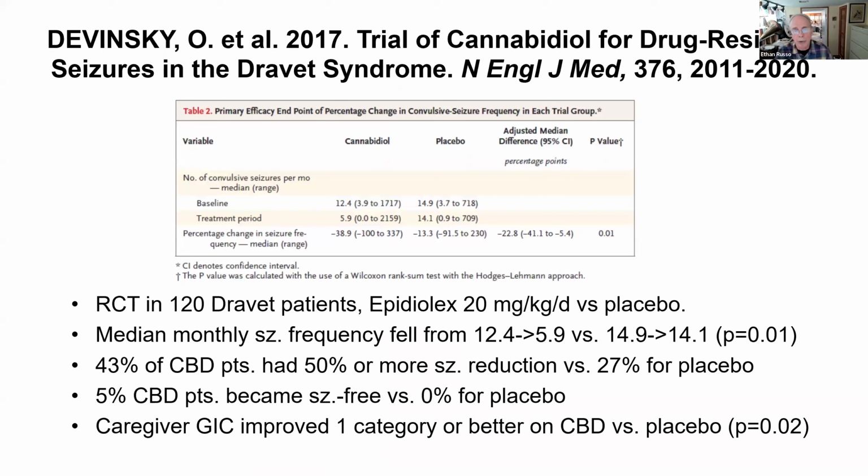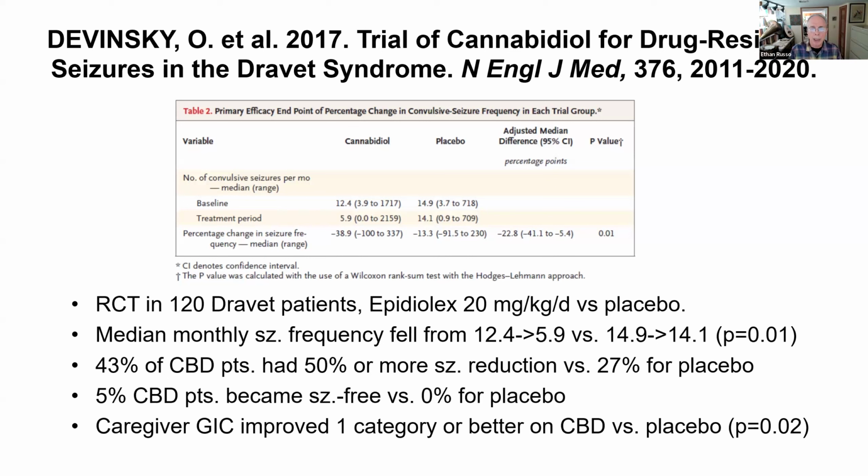In modern times, Epidiolex, which is a 97% pure CBD preparation, was used in this clinical trial, published in the New England Journal of Medicine in 2017. So a randomized controlled trial in 120 patients with Dravet syndrome, an extremely severe epilepsy syndrome with developmental delay in children.